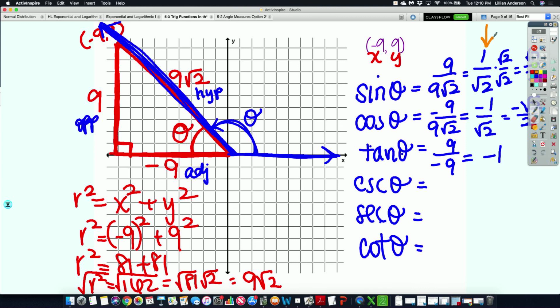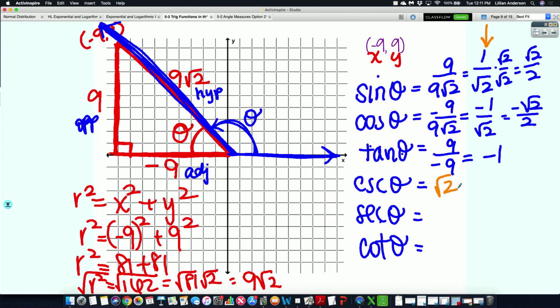Because if you take it from the simplified answer, you're going to end up having to rationalize again. So if you want to save yourself some time and save yourself some work, or you can always base off the original triangle. So if I flip that 1 over the square root of 2, what does it become? Square root of 2 over 1, right? Just square root of 2.